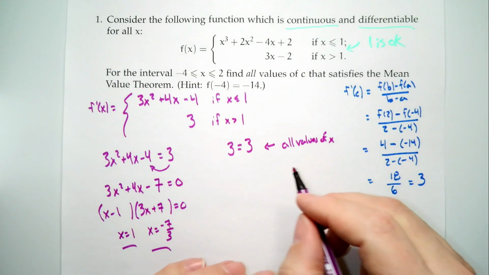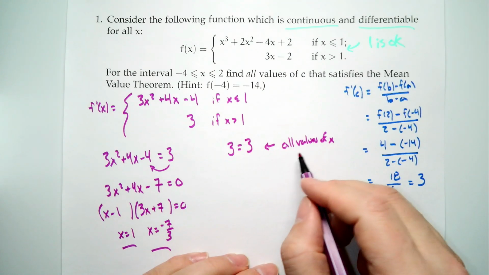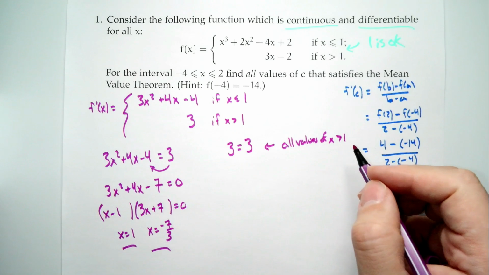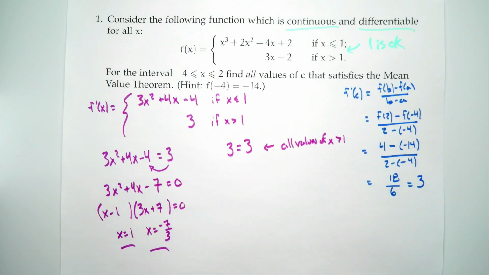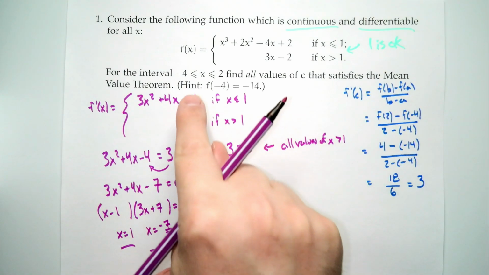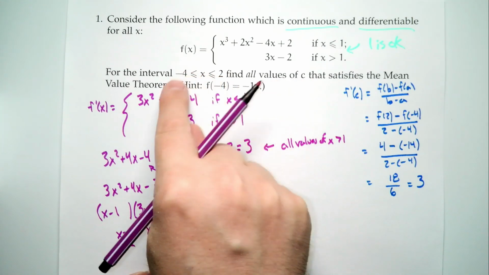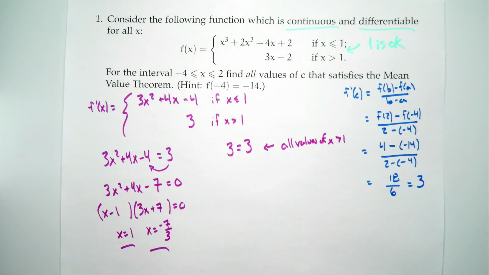So in particular, this works for all values of x in the range greater than 1. But remember, if we satisfy the mean value theorem, we have to be in the interval, and not just in the interval, we also don't want to be at the endpoints. Mean value theorem says strictly on the inside. It's an inside job kind of result.